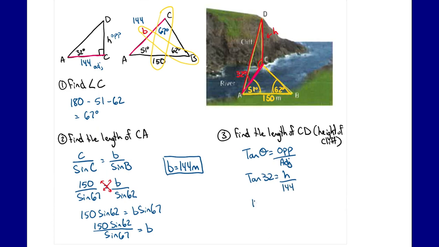We're going to bring the 144 up to isolate h. So 144 times tan 32 equals h. This is now just a calculation. We're multiplying, and we get 90 meters equals h. So therefore, the cliff is 90 meters tall.